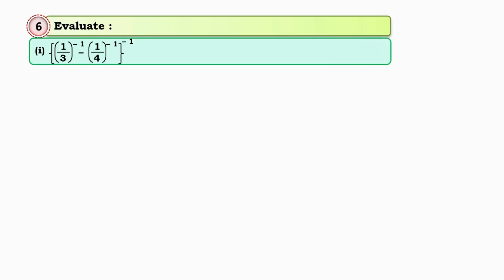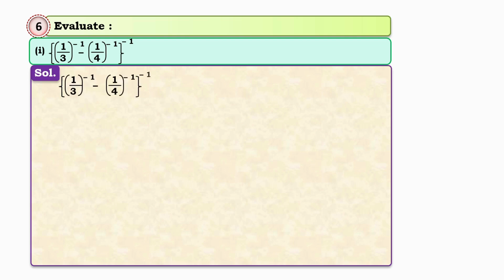Now next question is, (1 by 3 to the power minus 1 minus 1 by 4 to the power minus 1), everything within the bracket, and that to the power minus 1. Let us solve this using this formula. It will be 3 by 1, just the reciprocal.